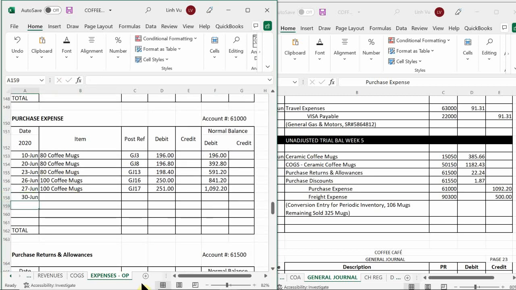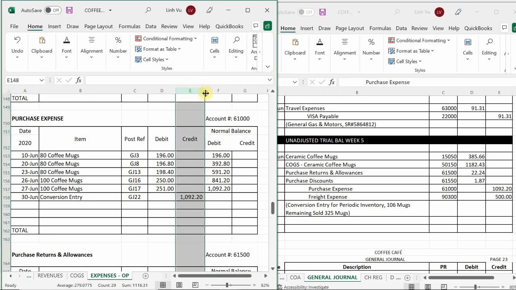That's the next account here. Conversion entry, general journal page 22, and this is a credit for the $10.92 and 20 cents. So of course, this will give you an account balance of zero.